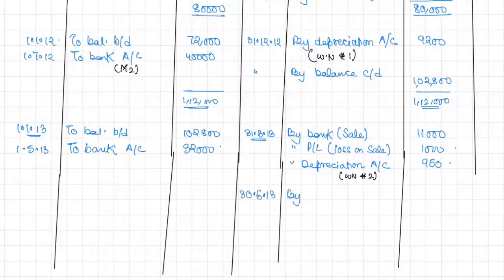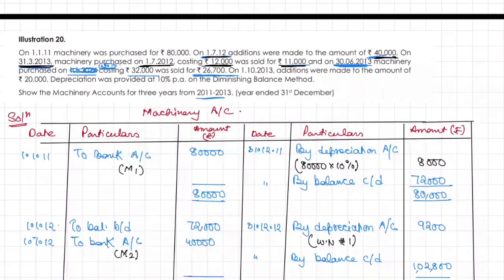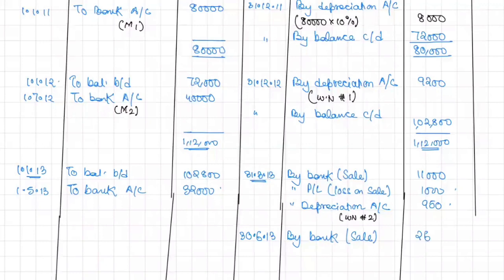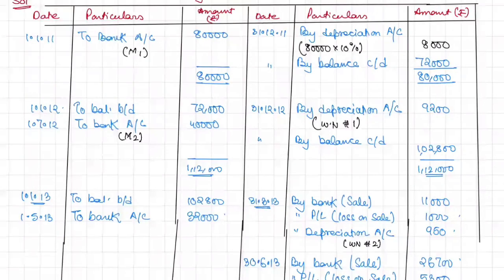So sale is happening by bank, sale is for 26,700. So definitely some loss is there. Loss on sale will be 32,000 minus 26,700, so it's coming to 5,300. 5,300 is the loss.